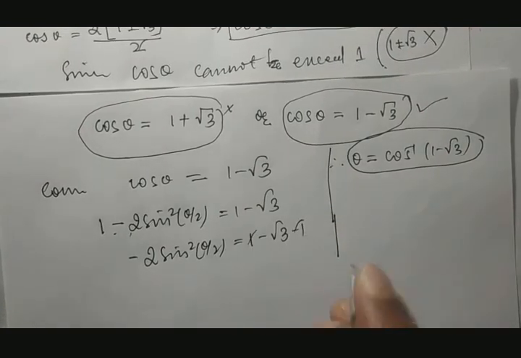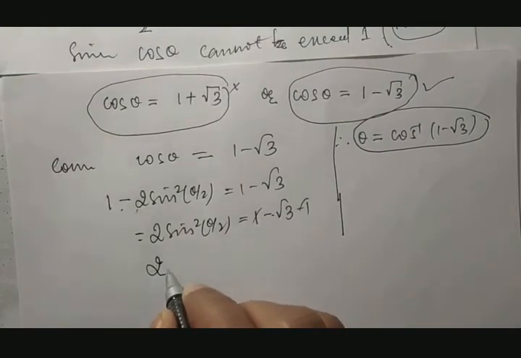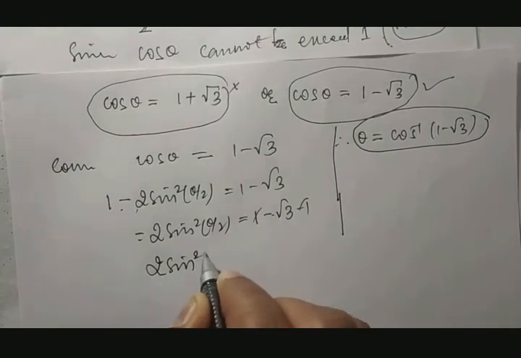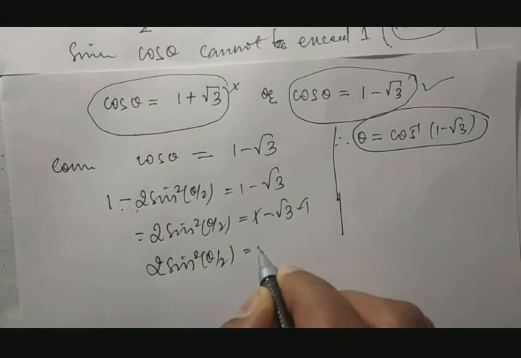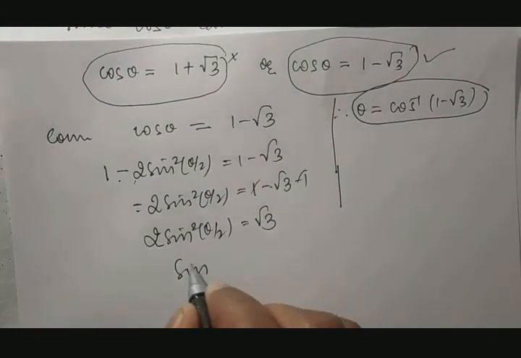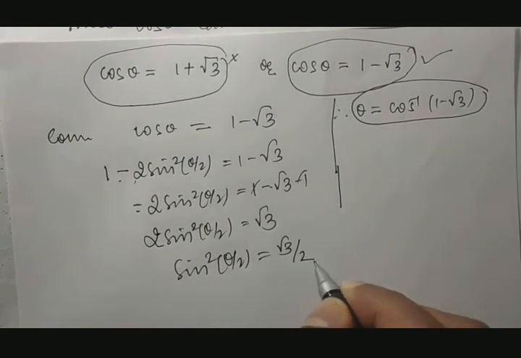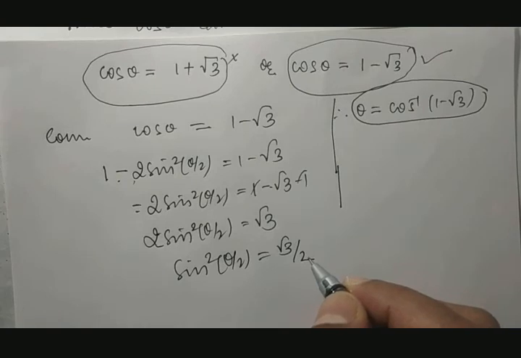So 1 gets cancelled. Therefore, minus gets balanced. So 2 times sine square theta by 2 is equal to root 3. Therefore, sine square theta by 2 is equal to root 3 by 2. Fine.